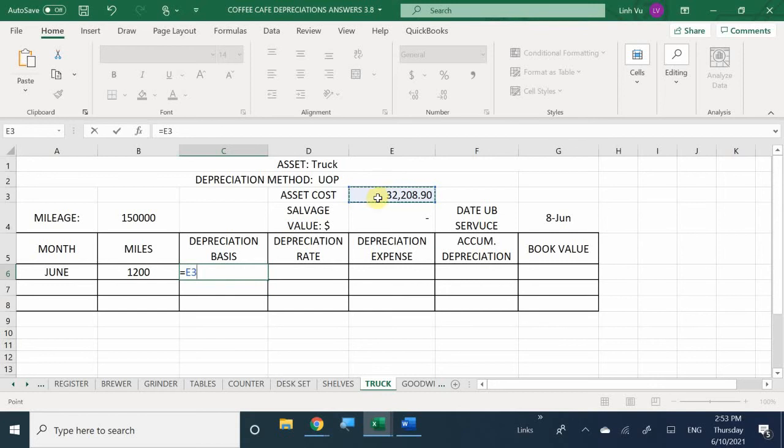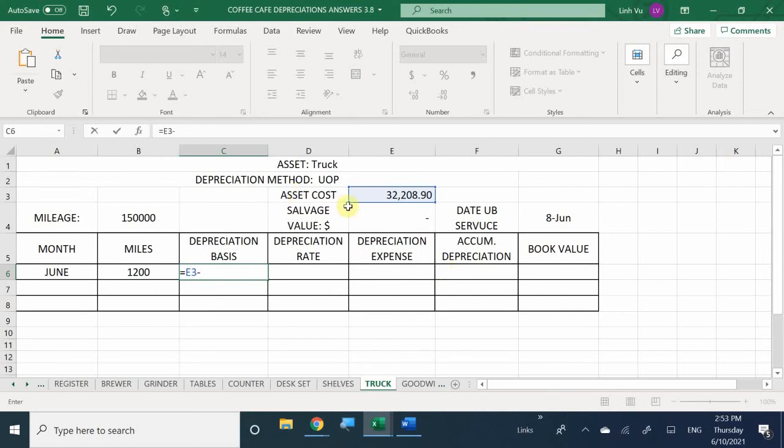So here, for units of production, the depreciation basis is going to be your asset cost minus your salvage value, to give you your overall amount that you can depreciate the asset for.